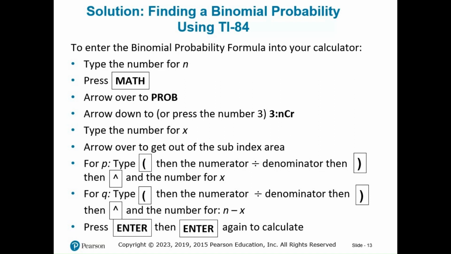Okay, then for q, type open parentheses, then just the numerator, in this case 1, then the division symbol key, then the denominator, in this case 10, then close parentheses, then the caret or exponent symbol, and the number for n minus x, in this case 1, or you could skip this step in this case since it doesn't change the value. Then press enter, then press enter again to calculate.